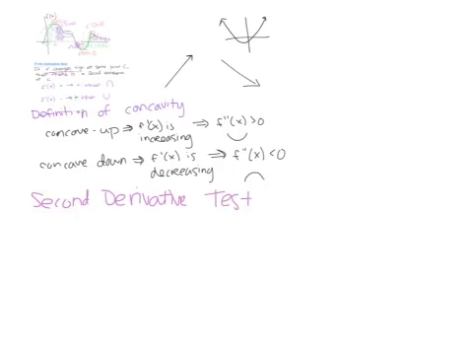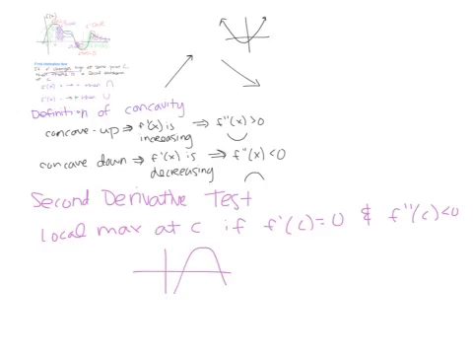It tells you you have a local max at some point C if the derivative is equal to 0 and its second derivative at that point is negative. Let's think about it. At a maximum, your graph looks like that. We're going to call that point C because that's where a maximum occurs.